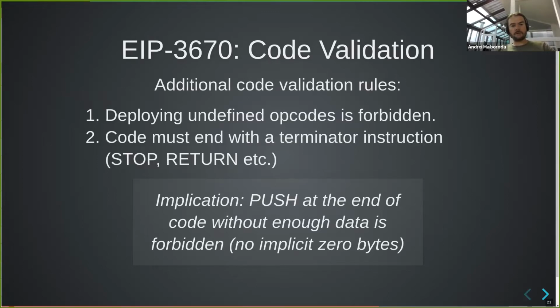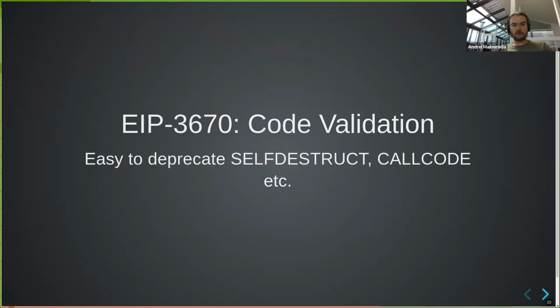And that's mostly it for what there is for the EIP-3670 spec. One thing to note is it's possible to deprecate some of the opcodes that we think are due for deprecation, at least for the future EOF contracts.